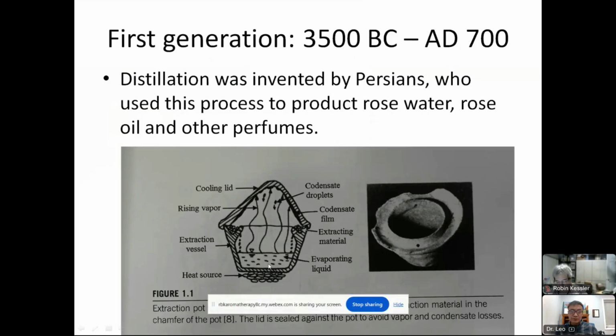When they heat it up, it's boiling, and when the vapor goes to the top, it is air cooled, then drips down and flows to the edge. That's where they collect their rose water. They used that as a perfume at the time. It's interesting that people still love rose water now.